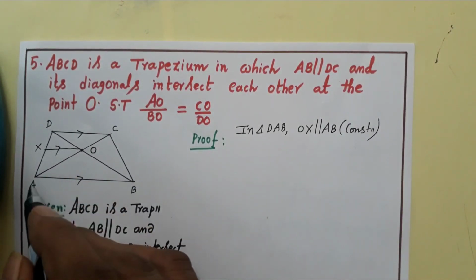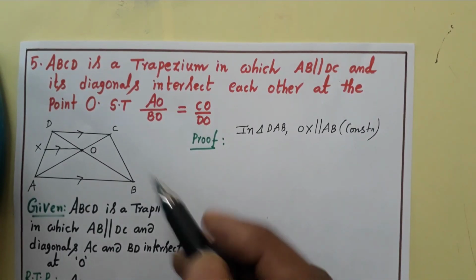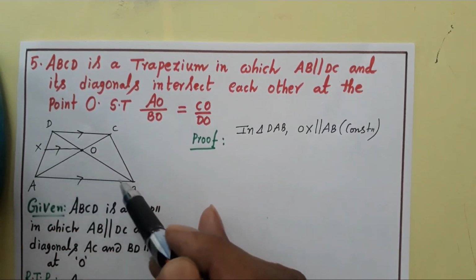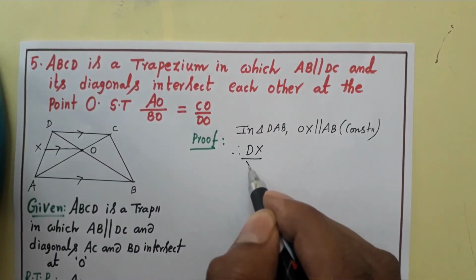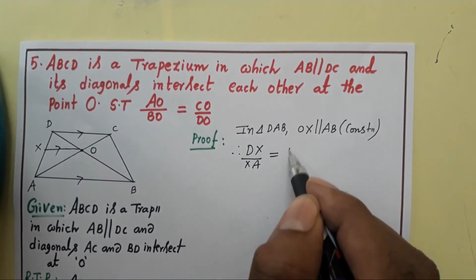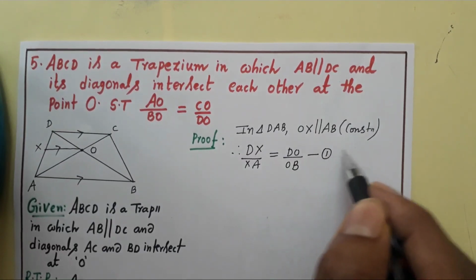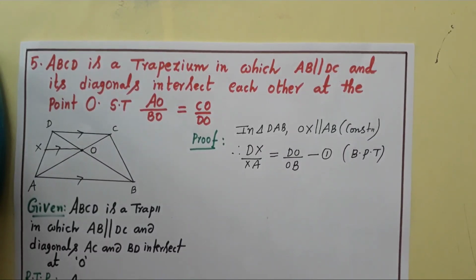If this OX is parallel to AB, from basic proportionality theorem you can write DX by XA is equal to DO by OB. Therefore you can write DX by XA is equal to DO by OB. That is equation 1 according to basic proportionality theorem.